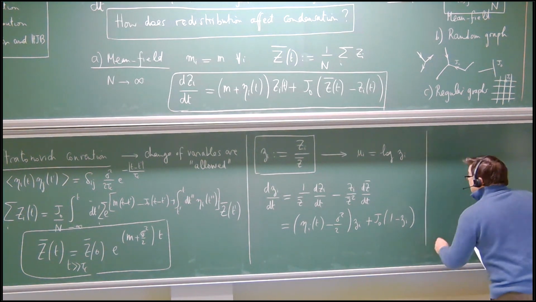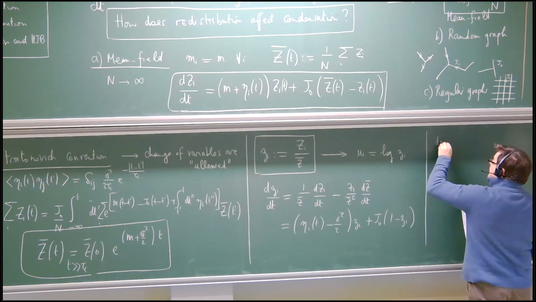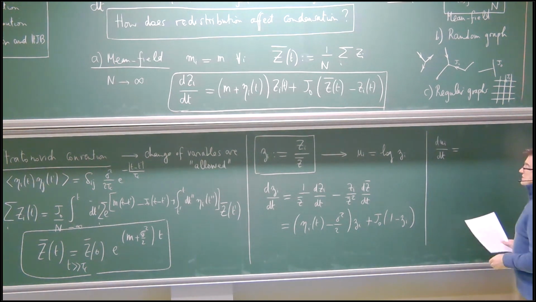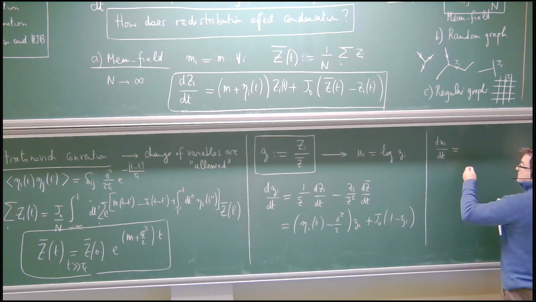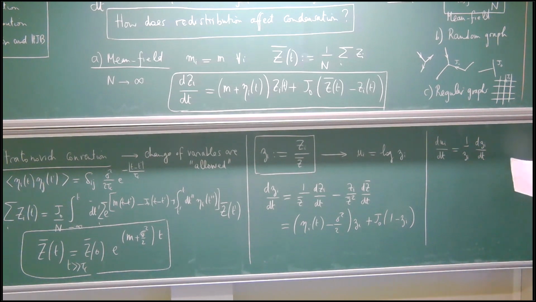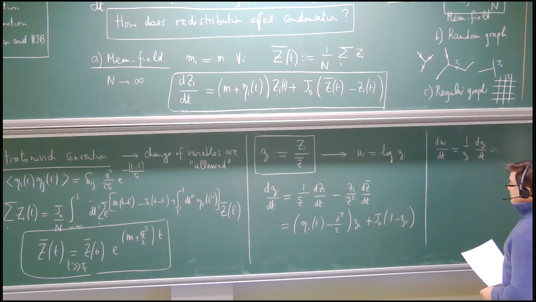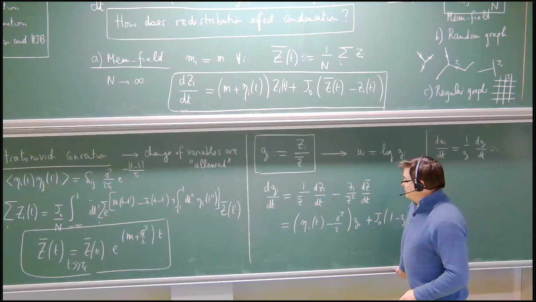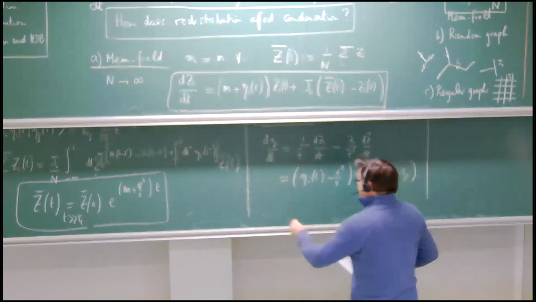Okay, so just as an illustration, dui/dt, as usual, is d log zi/dt, so it's 1 over zi dzi/dt, and there's nothing else because it's a Stratonovich convention, and so you just have to divide this equation by zi. Let's use the room I have here.